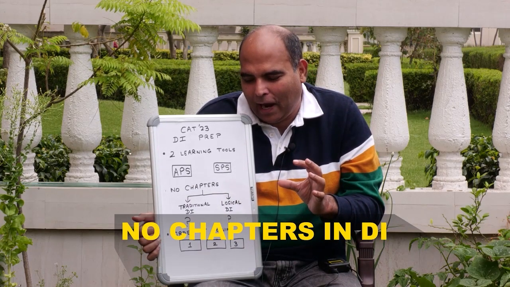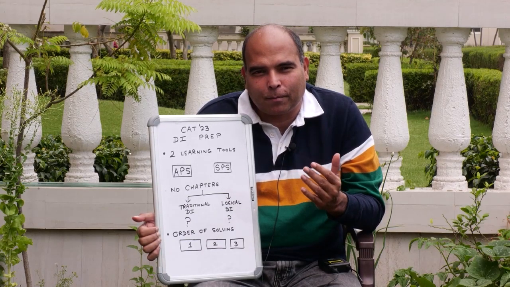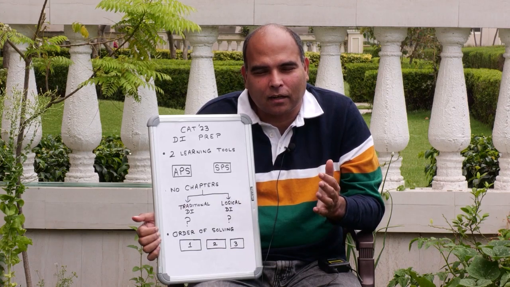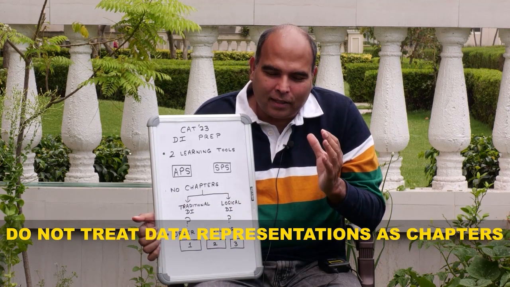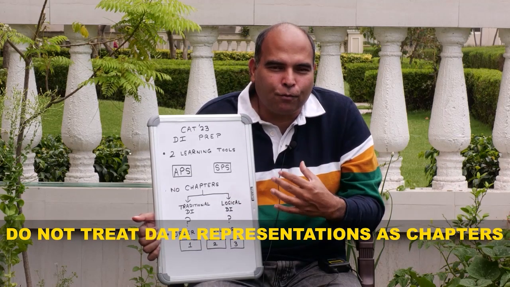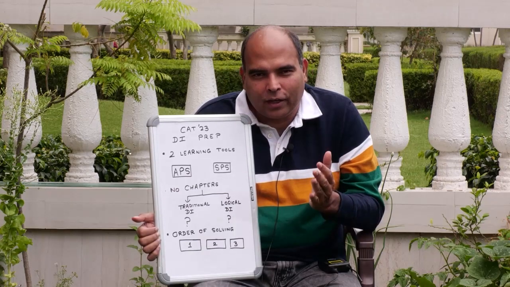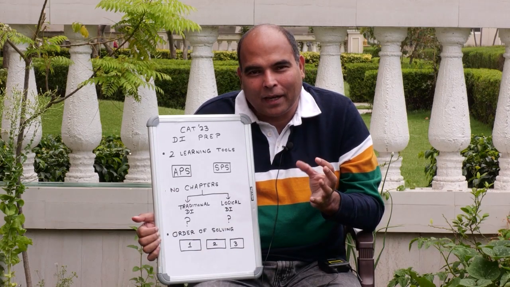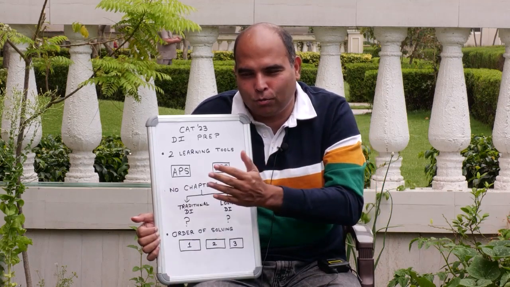I mean, you can start off with data representations like pie charts and bar charts and tables, etc. But please remember, don't treat them as chapters, because they are not really theoretical chapters. They are just different ways to represent data, and you cannot run your DI prep with pie chart as a chapter, as the backbone of your preparation through 6 to 8 months.